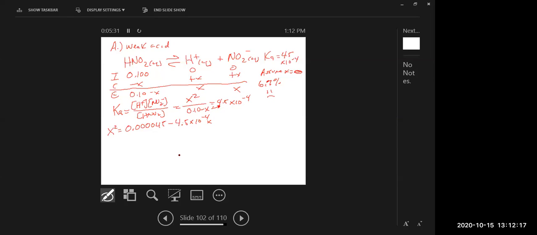We're going to bring everybody to the same side. And if we bring everybody to the same side, that's going to give us x squared plus 4.5 times 10 to the minus 4 x minus 0.000045 equals 0. This is going to go into our quadratic.